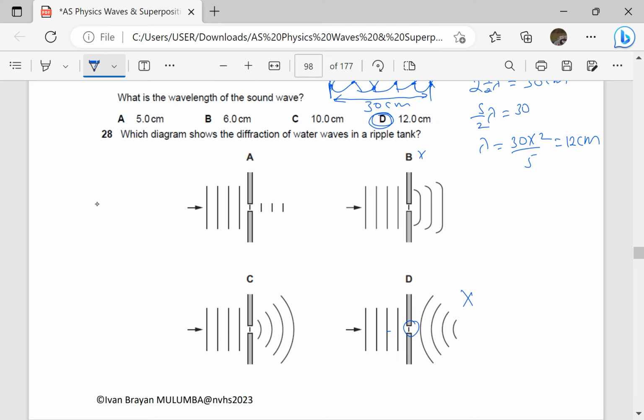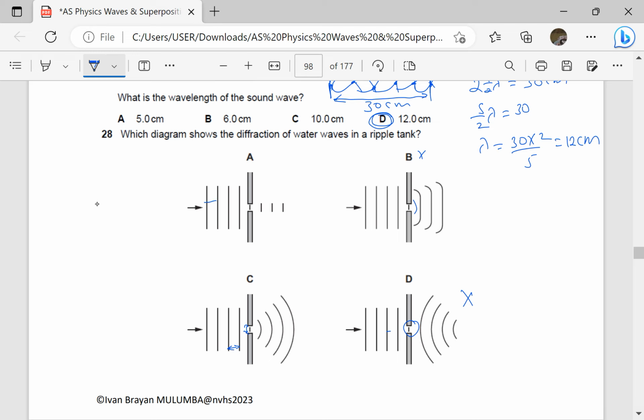we notice that the wavelength here is not very far away from the size of the gap, even though the size of the gap is smaller, but it is not very far away. Therefore, we expect that the diffraction patterns would start from close to the gap, or they would bend closer to the gap. Therefore, it means B is also wrong. A is showing that there is completely no diffraction.